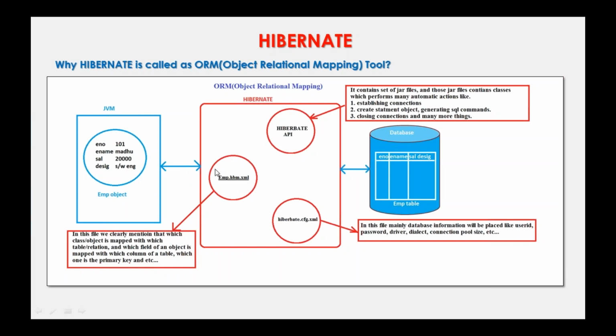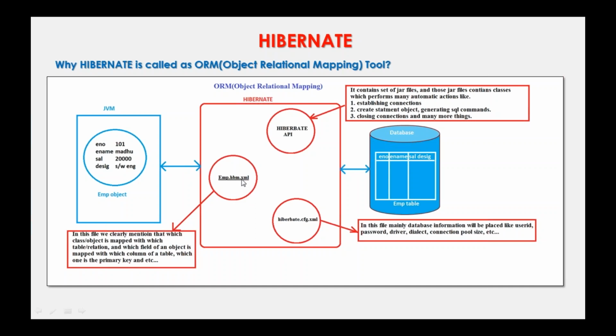Okay, what does this mapping file contain? Simply, it contains which object has to be stored in which table. For example, here we have 101, the ENO value. In which column does it have to be stored?